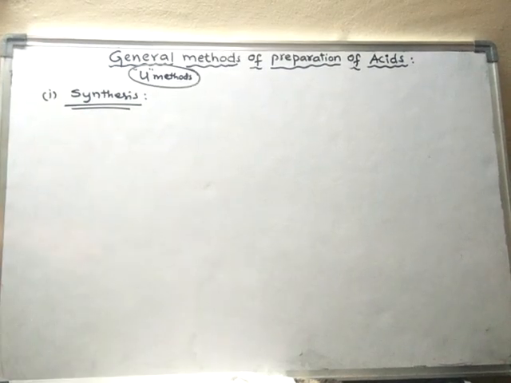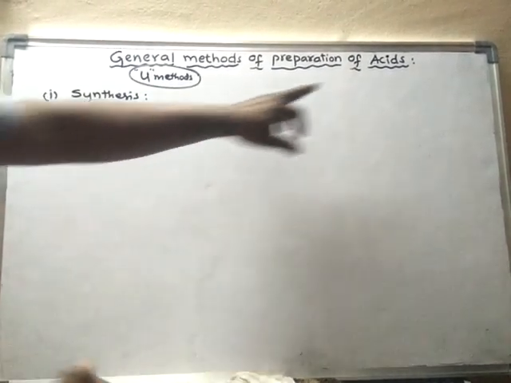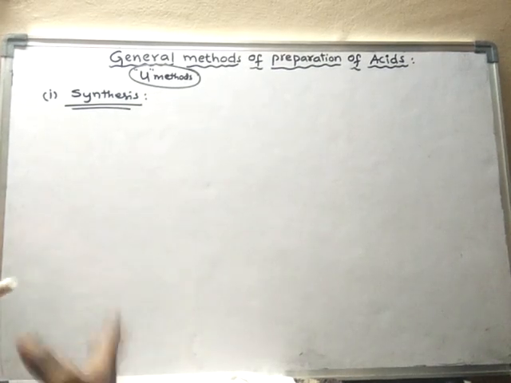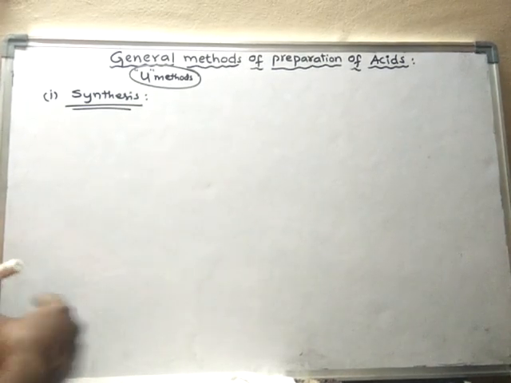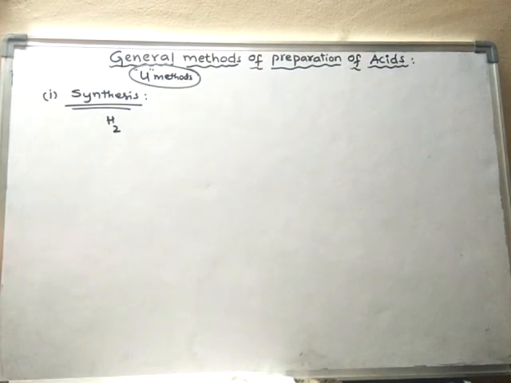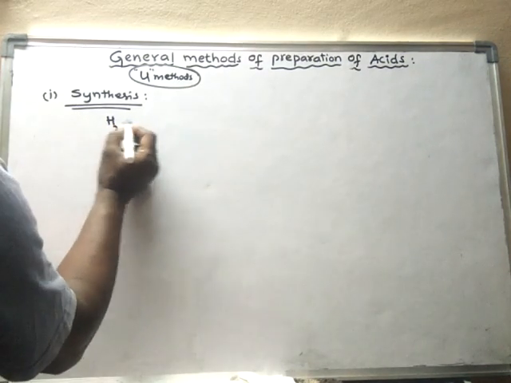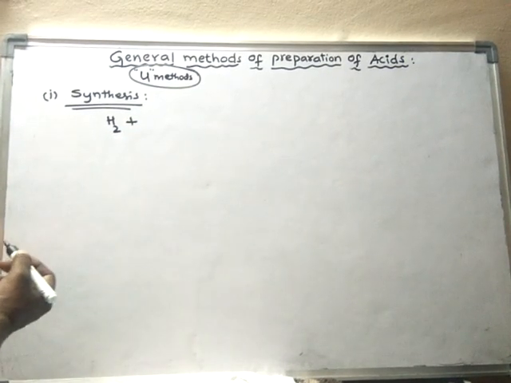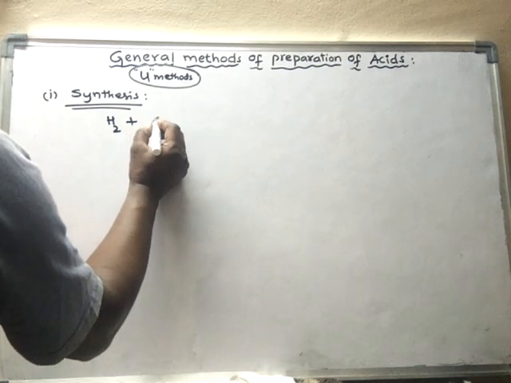So here in the synthesis of acids, of the two elements which combine, compulsorily one of the elements should be hydrogen and the other element should be a non-metal, like chlorine.